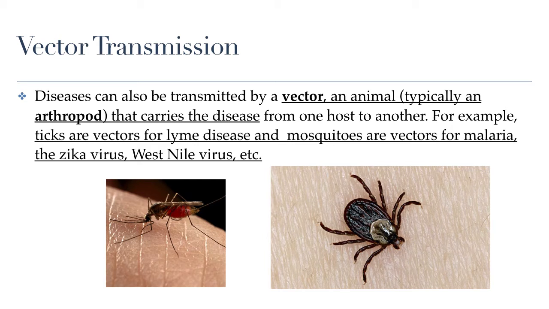And so vectors, like I said, are just the animal that transmits disease from one person to another or an animal to another, but they themselves don't get sick. So there's a difference between that and, say, for example, a disease like rabies, or even hantavirus, say, where the animal themselves has the disease. Okay.